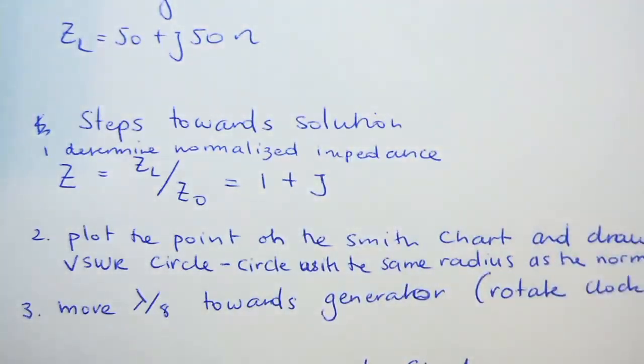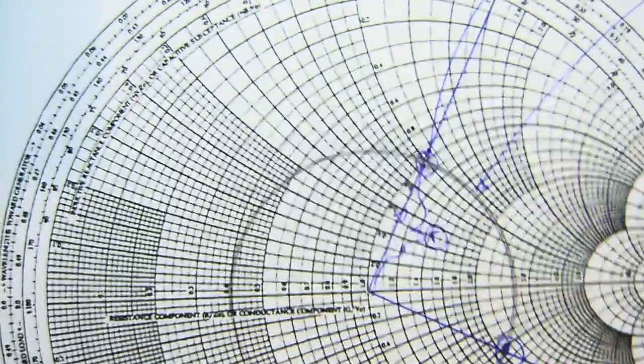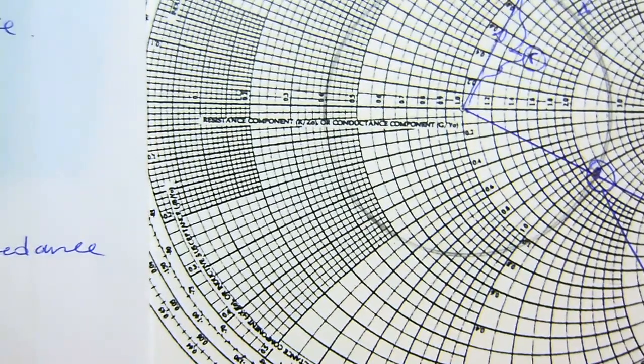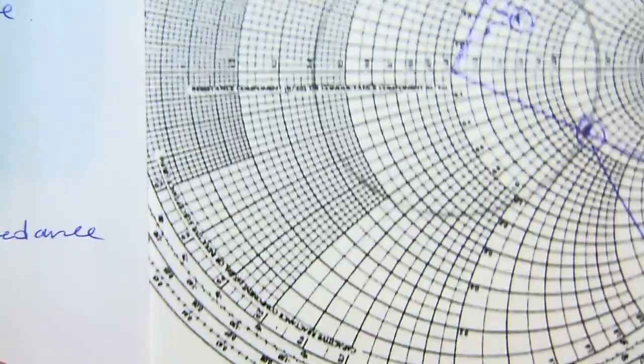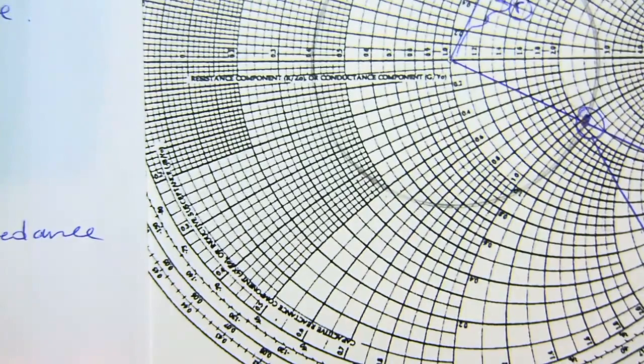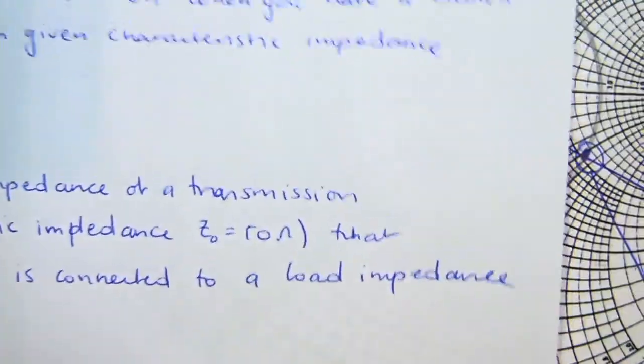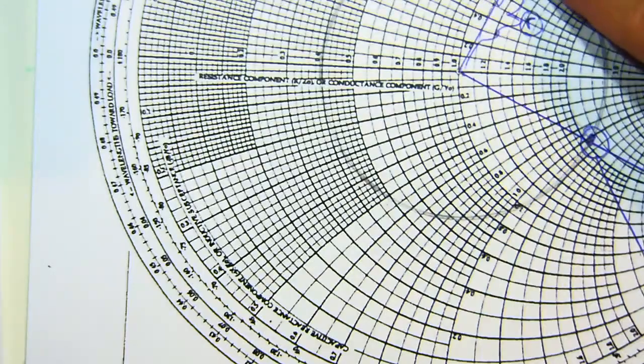What is its input impedance? Just so that we don't leave anyone behind, I'll go quickly through this and then we'll continue on with some of the other examples. Essentially, the first step was, if you know the characteristic impedance, work out the normalized impedance, and we worked out that point on the Smith chart.